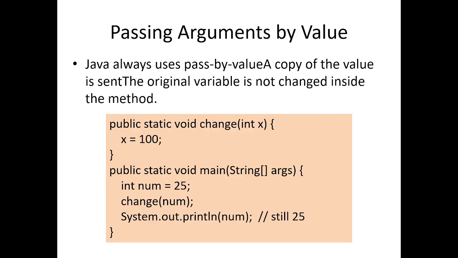Next is passing arguments by value. In this example, basically in Java, we always pass by value. This value will be sent to the original variable and not changed inside the methods.